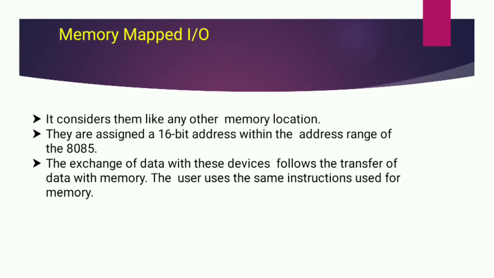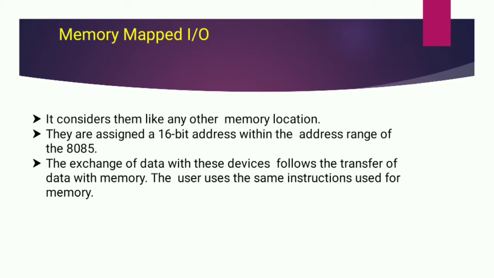If you treat the I/O device as a memory device, you do not differentiate between memory and I/O. You give all of them the same treatment, hence it is called memory mapped I/O.